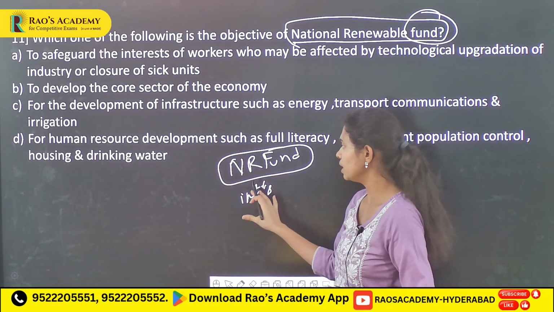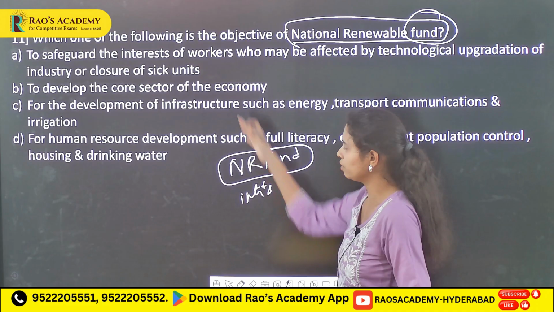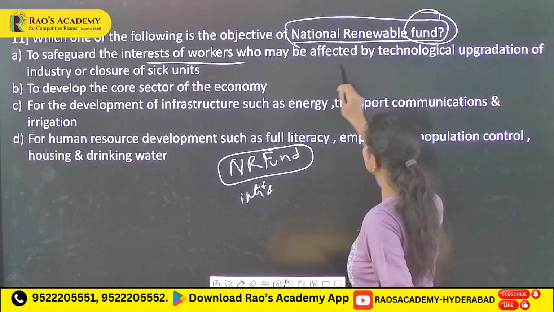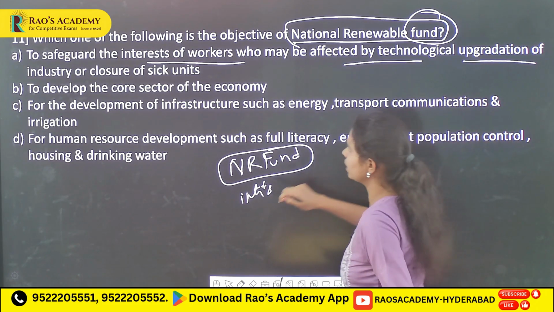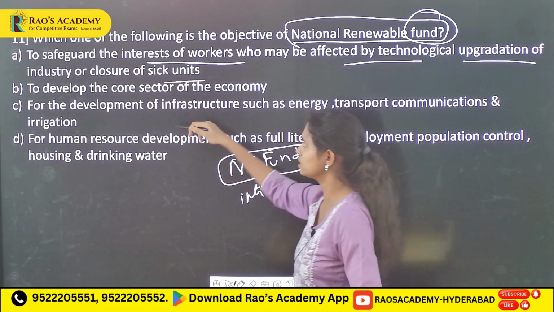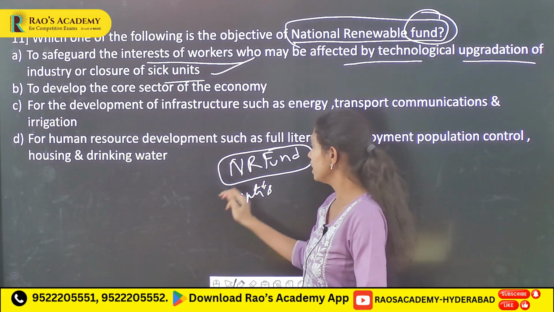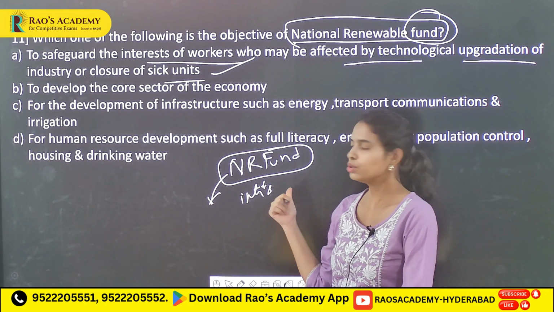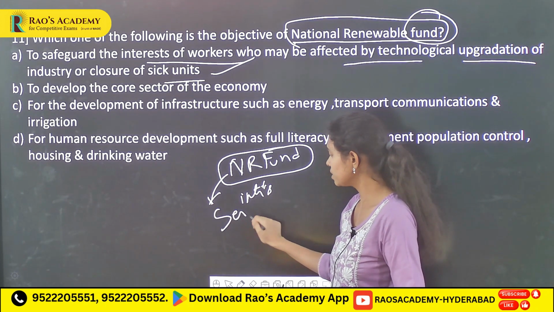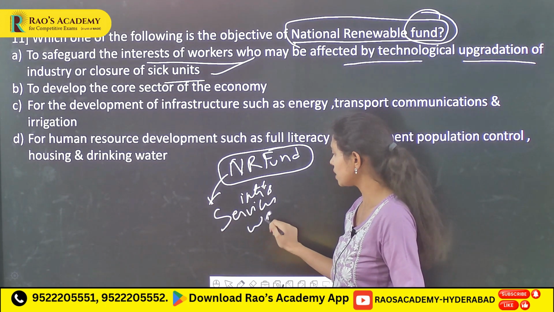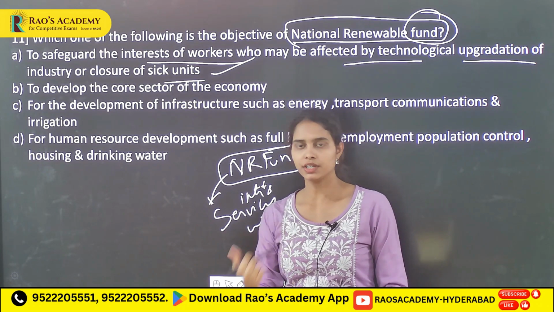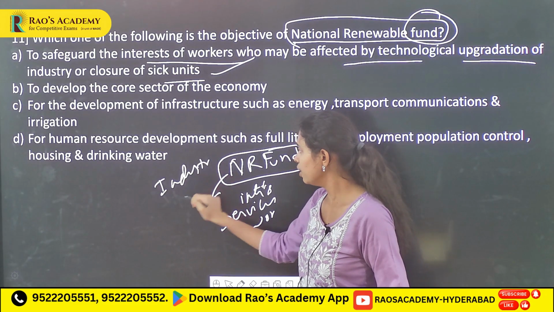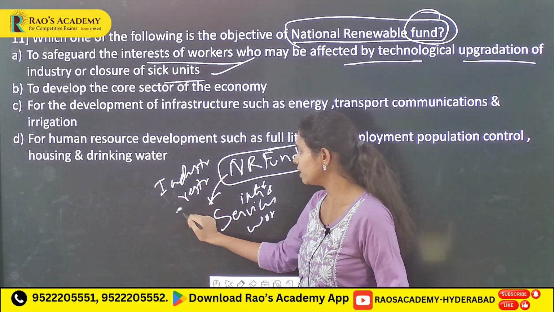With regard to that approach, if you see the different statements: to safeguard the interests of workers who may be affected by the technological upgradation of industry or the closure of sick units, which is directly a correct statement. Here the main aim of this fund is to provide different services to workers who got affected due to industrial restructuring or industrial relocation.